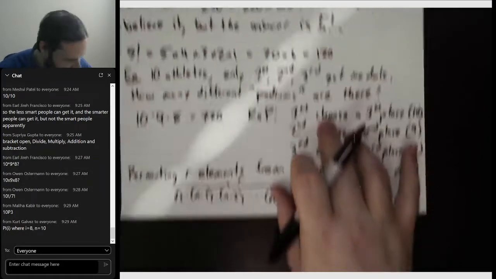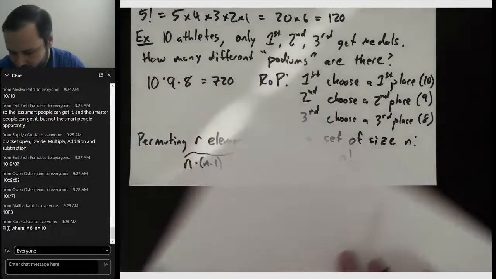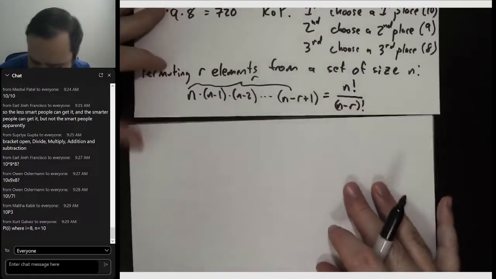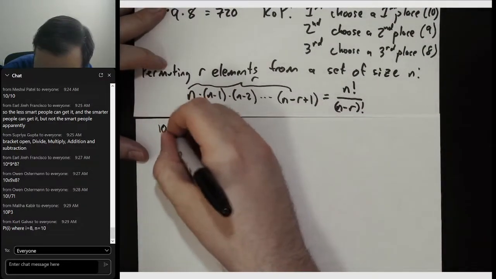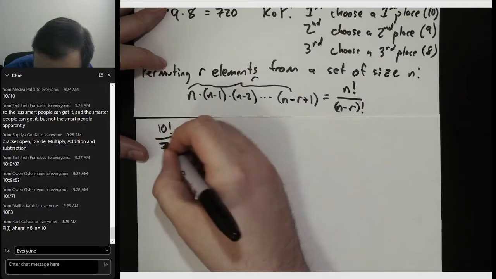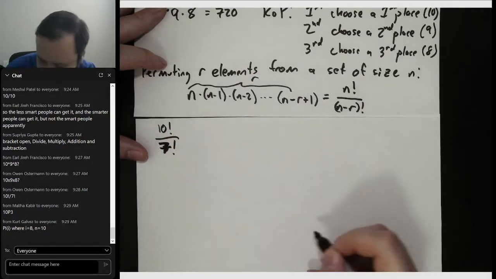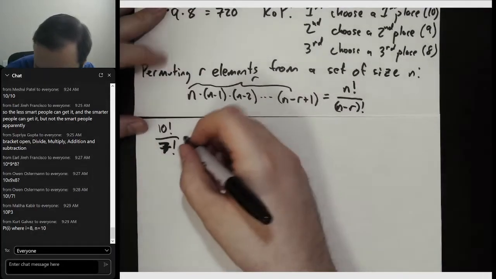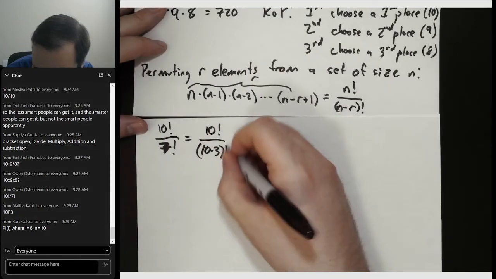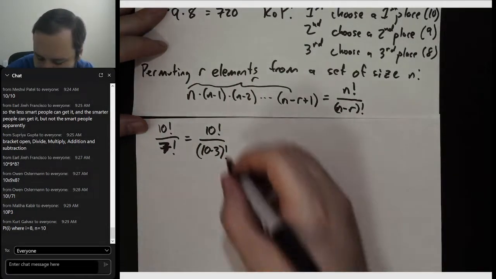If I look at my specific example, 10 factorial divided by 7 factorial, this is equal to 10 factorial over 10 minus 3 factorial. That's what I'm working with.